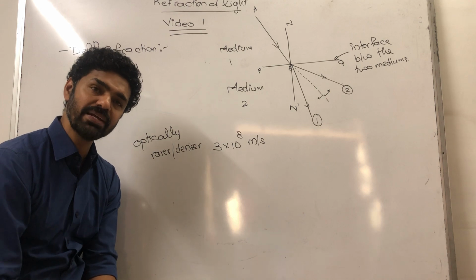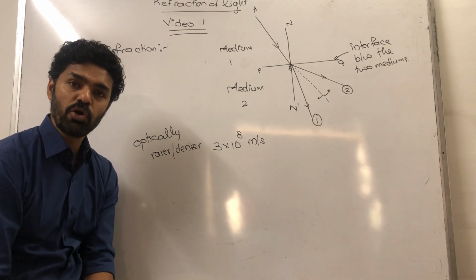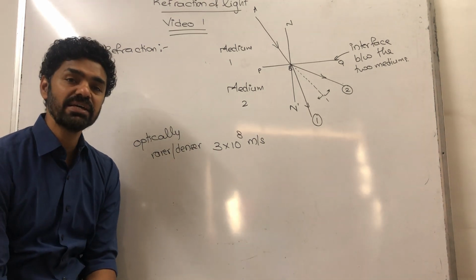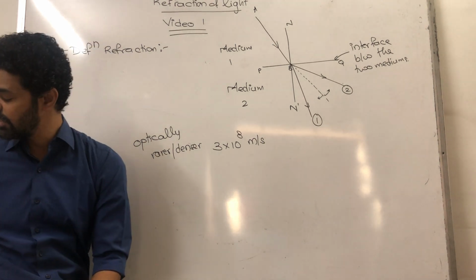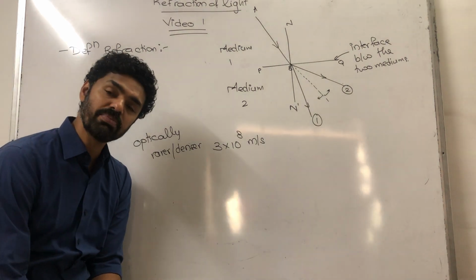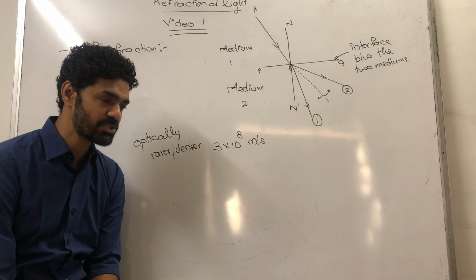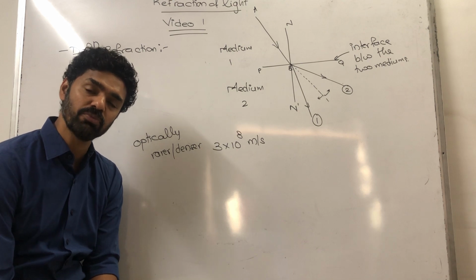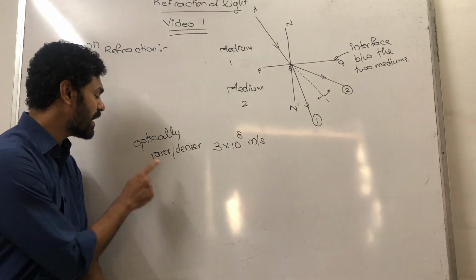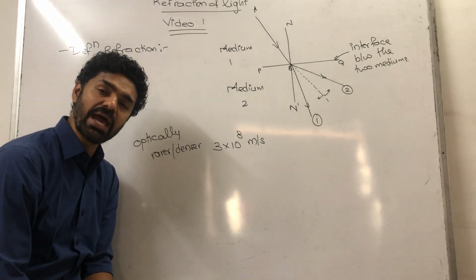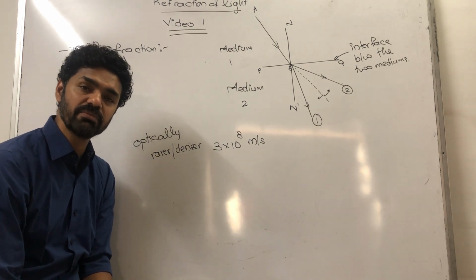So when you are comparing air and vacuum, if you are comparing air and vacuum, light has more speed in vacuum. Because light has more speed in vacuum, vacuum is an optically rarer medium and air becomes an optically denser medium.